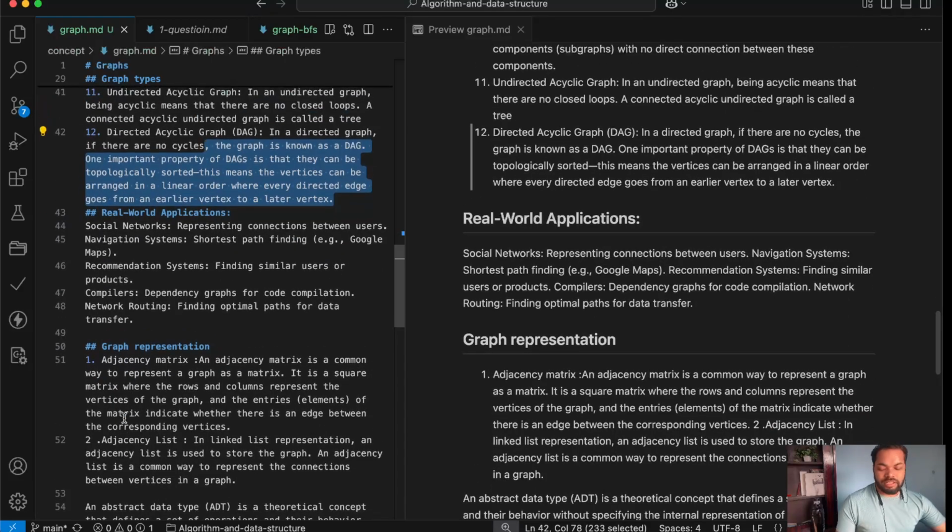Okay, now we'll reach graph representation. Up until now, we just discussed what graphs are. Let's see how to represent the graph itself. There are two ways: adjacency matrix and adjacency list. The matrix is pretty simple.